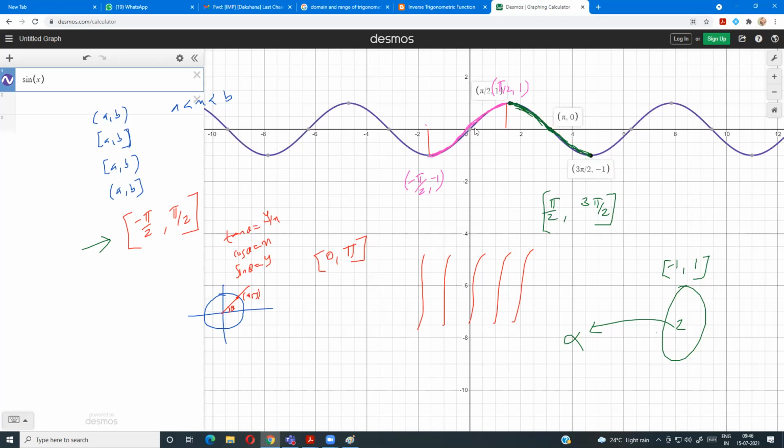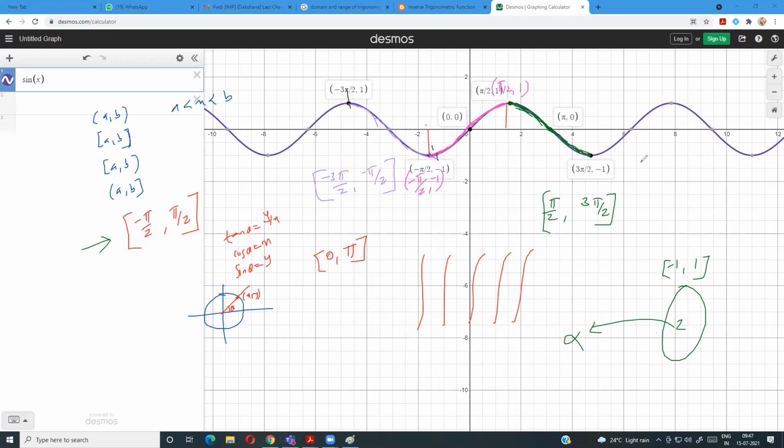अब इसके अलावा और कोई है क्या? हाँ, of course. Yes, like Sanket drew here, from this particular -3 pi by 2 से लेके -pi by 2 तक.